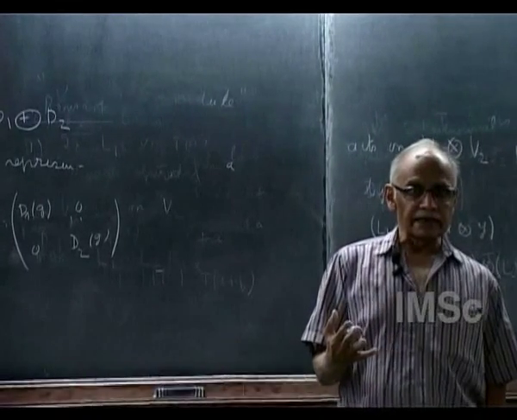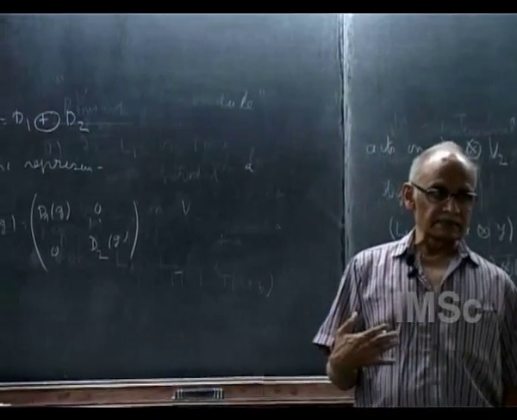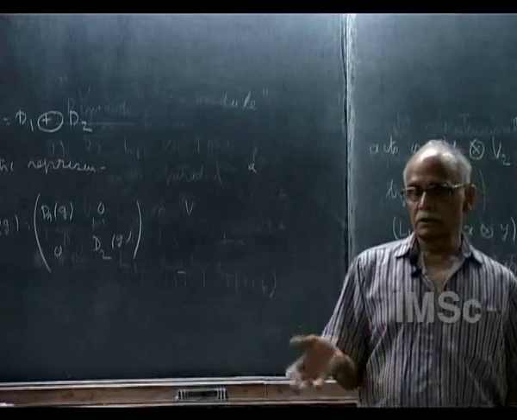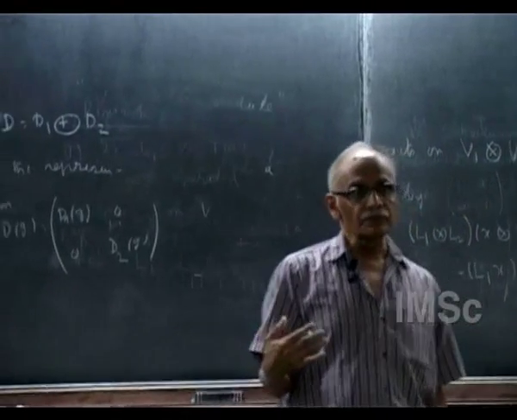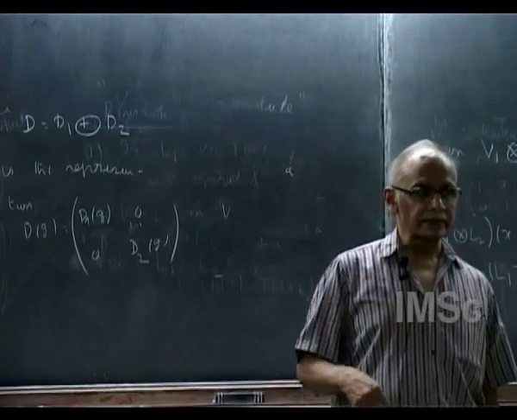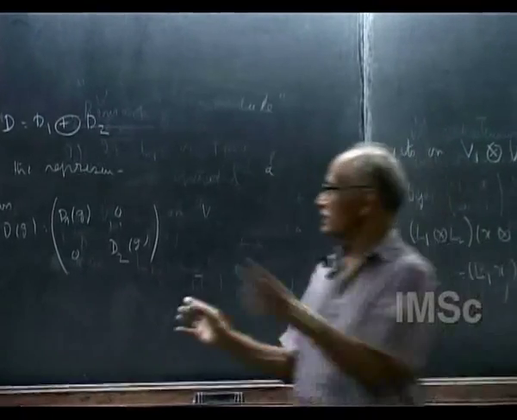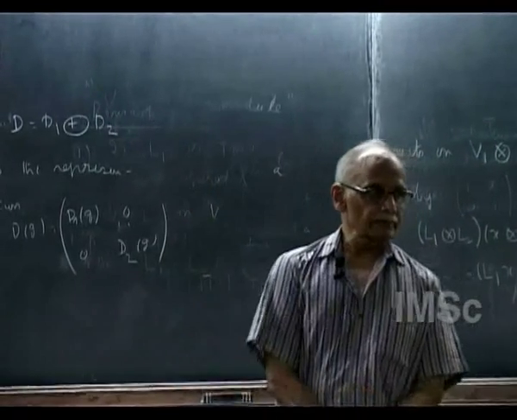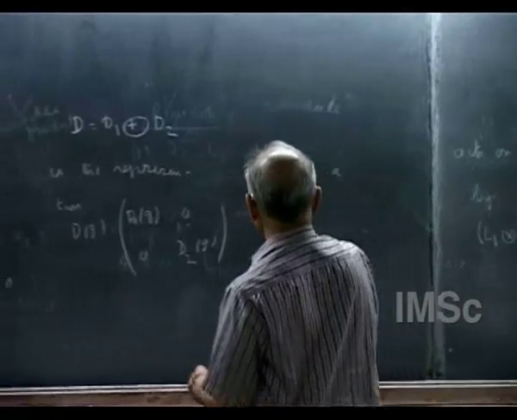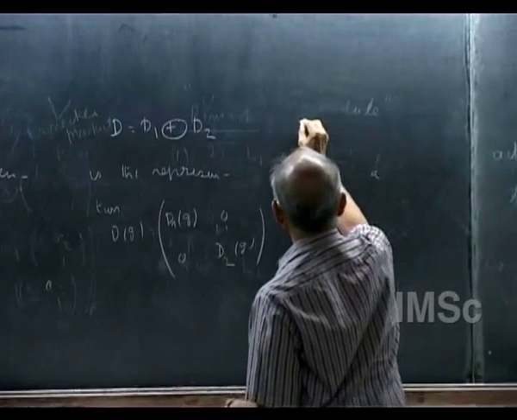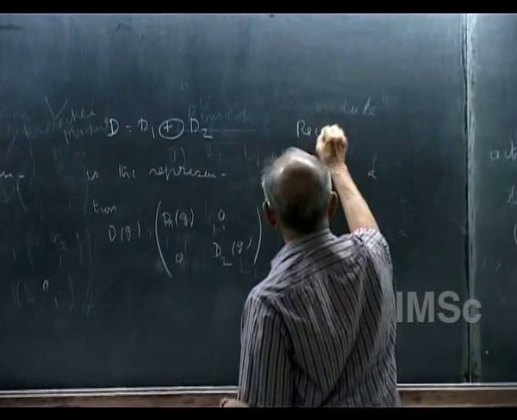I think I gave you the definition of equivalent representations. If one can be transformed to the other by a matrix S. If you put it the other way around, it won't be anything. Let me record it.